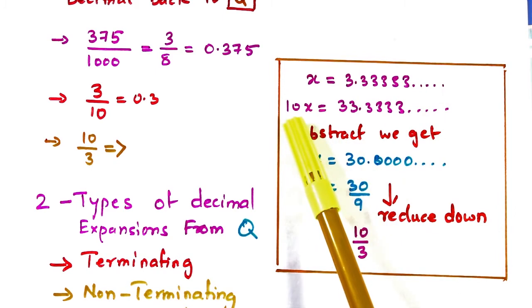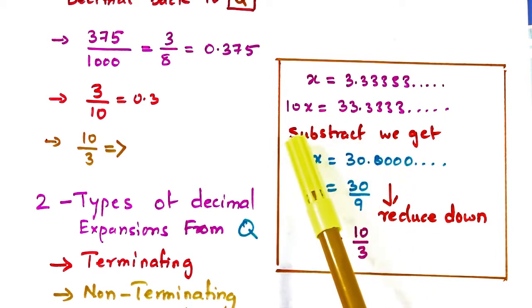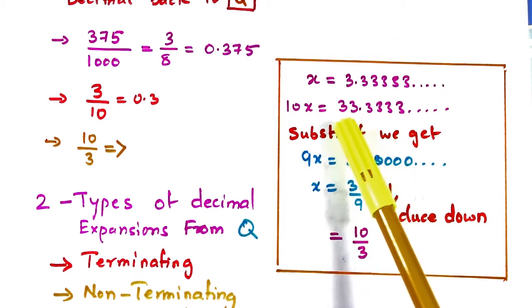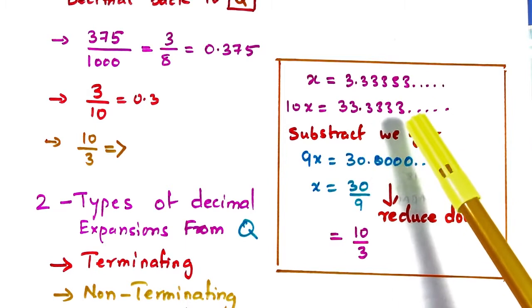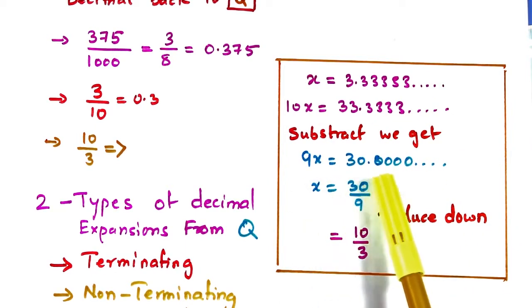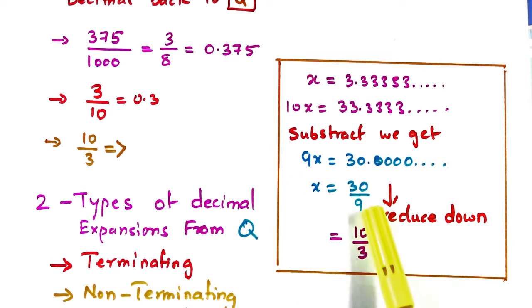So we are multiplying it with 10 on both sides. I got 10x is equal to 33 point something like this. Now I'm subtracting these two, I'm getting 9x is equal to 30.000, and then if I send this 9 to the other side, I get x is equal to 30 by 9. Reducing down, I get 10 by 3, which is our rational number, which is irreducible.